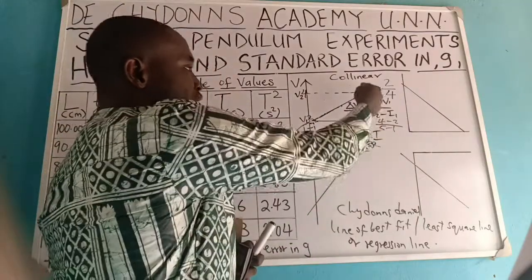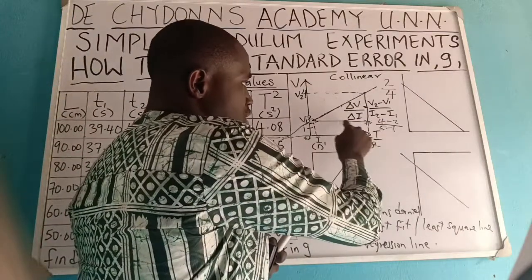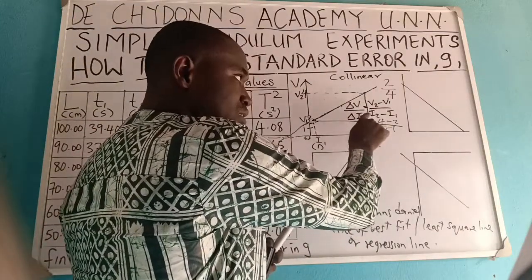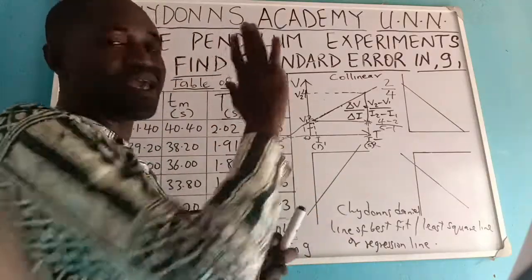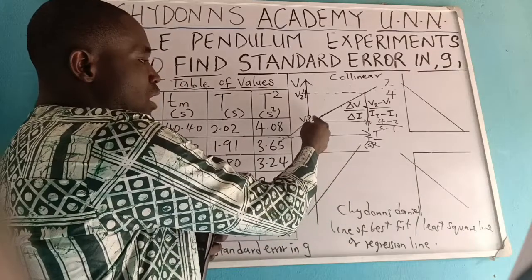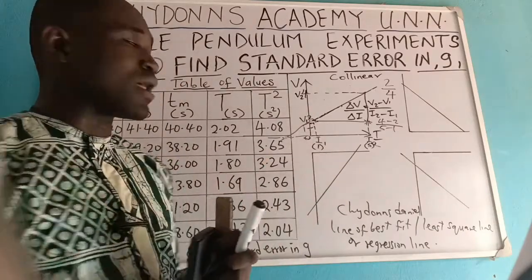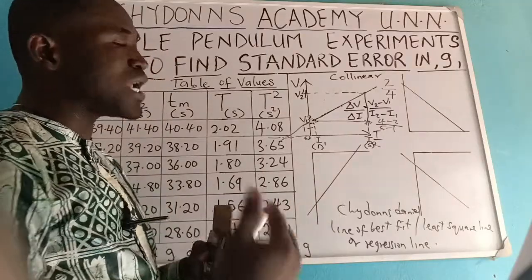Then where the vertical and horizontal line meet, look at where they meet, trace it down and note your I2. If you are talking about V against I, note your I2. Then the other one automatically becomes your I1. Trace it down to the horizontal, you take it out. Then you subtract and divide.